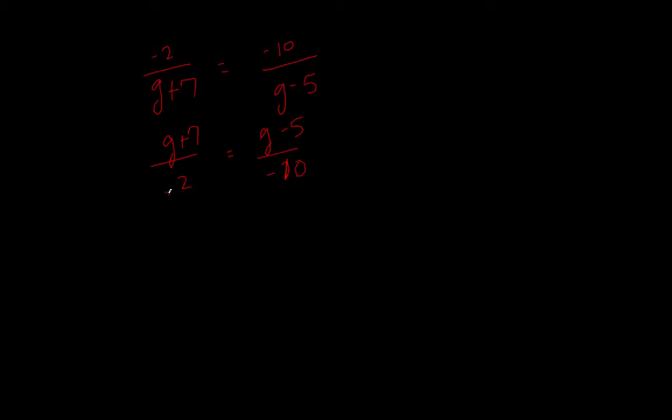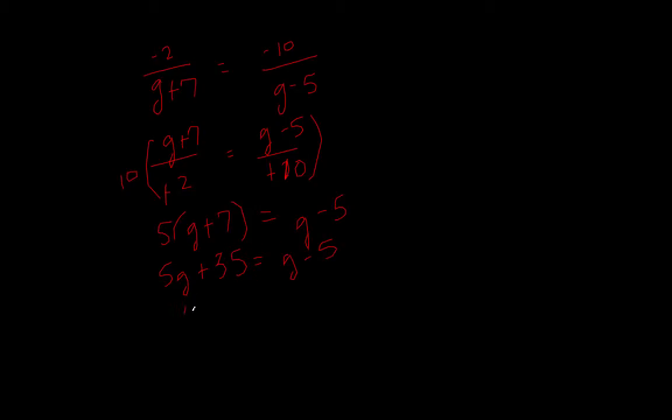And I think these were both negative. When they're both negative, you can also just multiply through by -1 and make them both positive. Because 2 goes into 10, the least common denominator is 10. 10 over 2 is 5. 10 over 10 is 1. Subtracting G. And then subtracting 35.